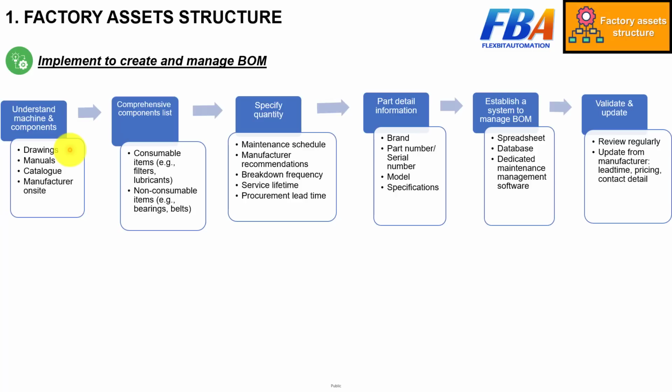The next one is the machine components list and catalog, dimensions, and technical parameters of each equipment, and also the programming and configuration guideline of each equipment, the PLC program, the configuration file, and the last one is the recommendation from manufacturers.